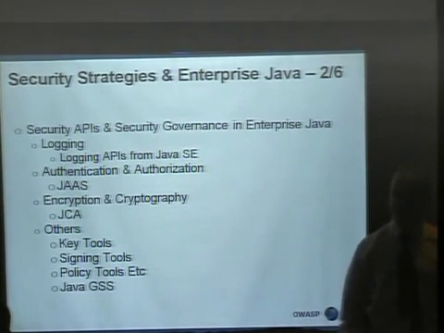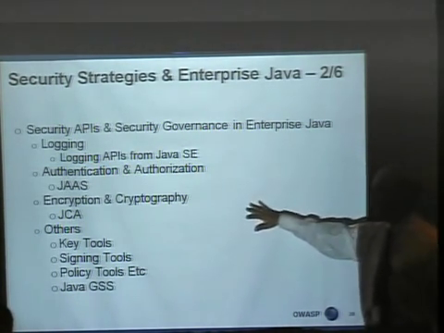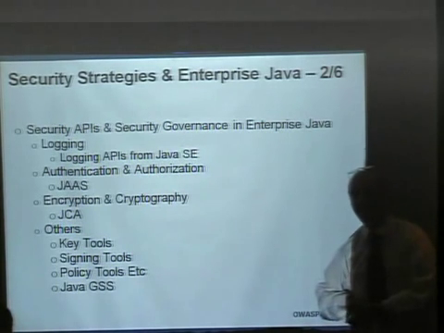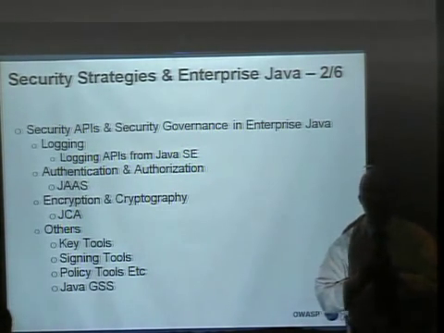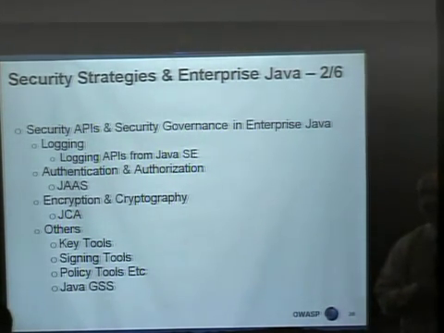And encryption and cryptography is not new. However, nowadays, according to the requirement of the industry, encryption and cryptography have been grouped under a single umbrella called JCA, that is Java Cryptography Architecture, which comprises JCE, which is Java Cryptography Extensions, and Java GSS, which is Generic Security Services.